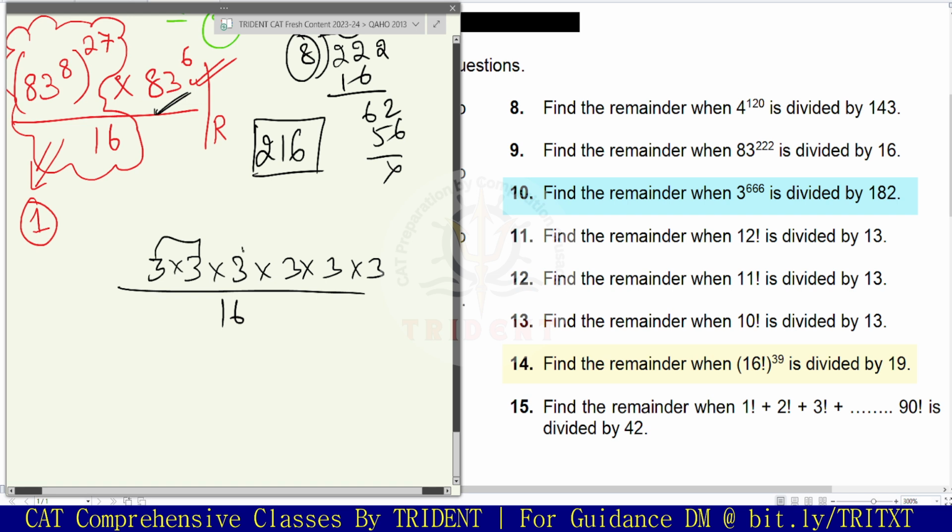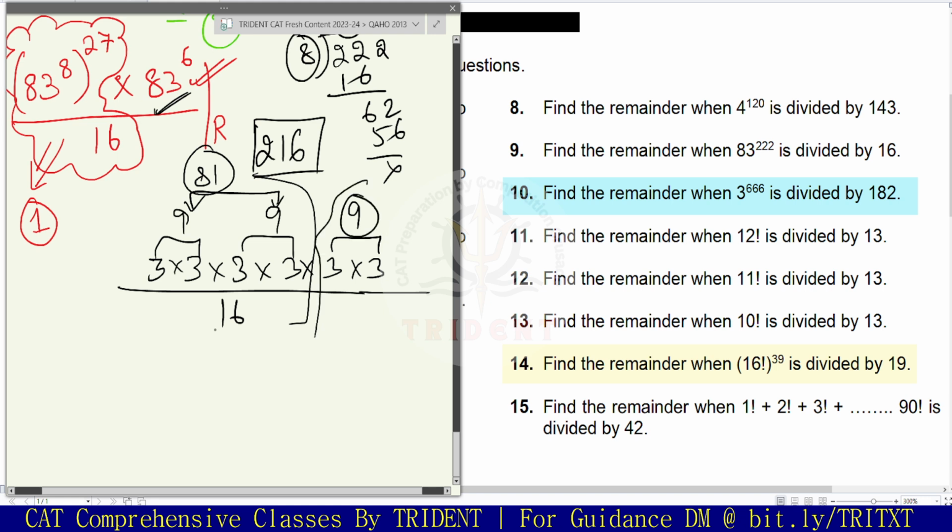Let's club them: 1 2 3 4 5 6. Yeah, so this is 9, 9 and 9. Let's club these two and make it 81. If you club this 81, you know that the remainder from this part is only 1, into the remainder from this part. This part I will only get 9, because 9 is less than 16. So ultimately the answer will be 9.